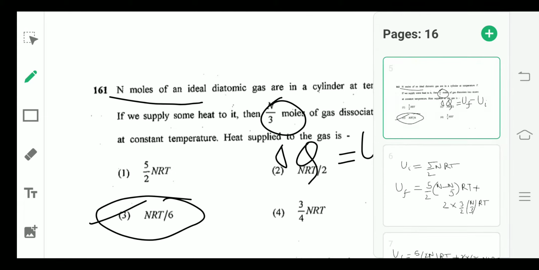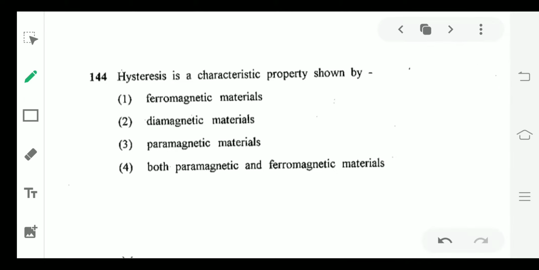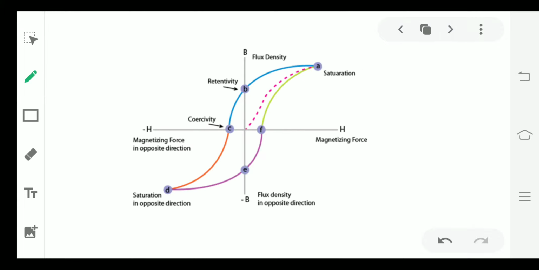Next question is, hysteresis is a characteristic property shown by. Hysteresis is the characteristic property of ferromagnetic materials. How hysteresis takes place, I can explain it by graph.